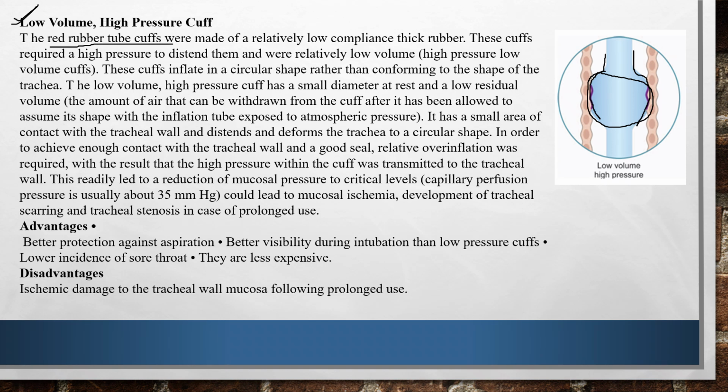It has relatively low compliance and thick rubber, whereas the high volume low pressure cuff has thin rubber, and we will discuss it in the next slide. First we have to know what advantages and disadvantages the low volume and high pressure cuff provides.